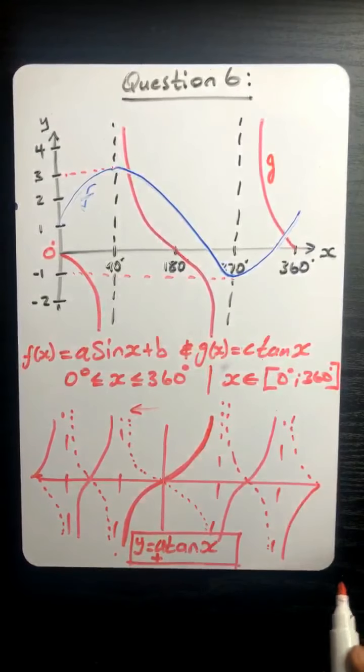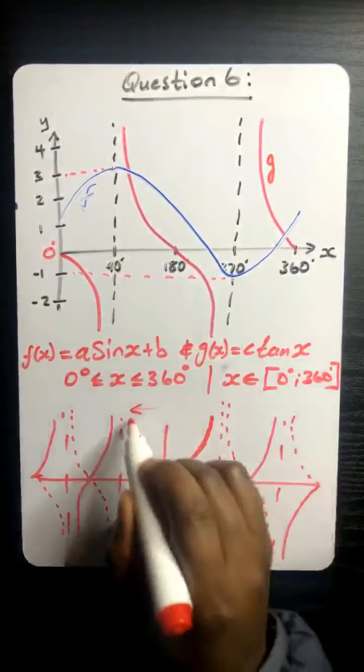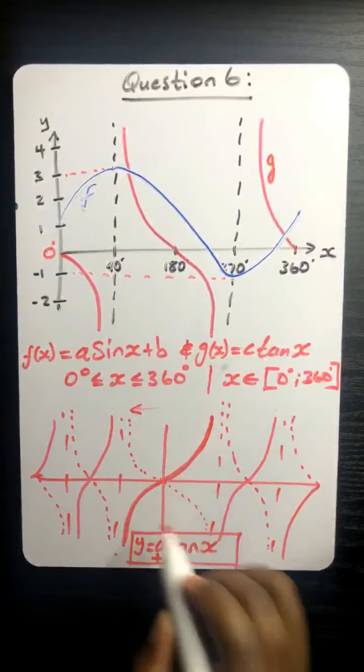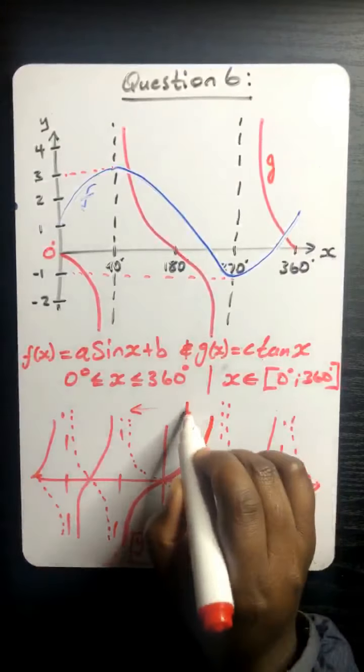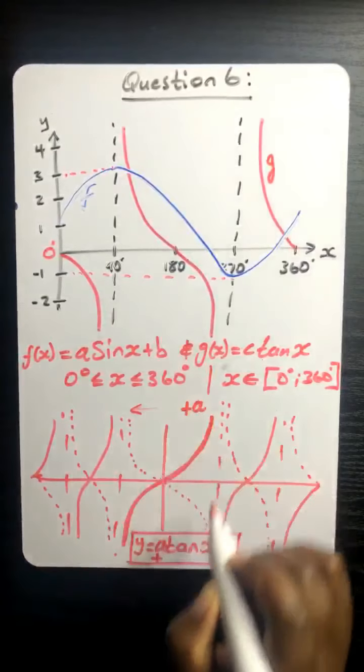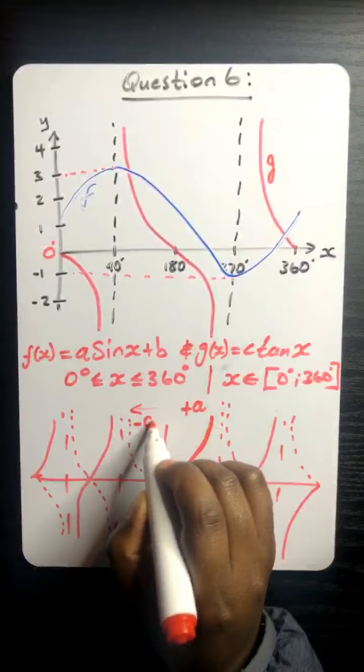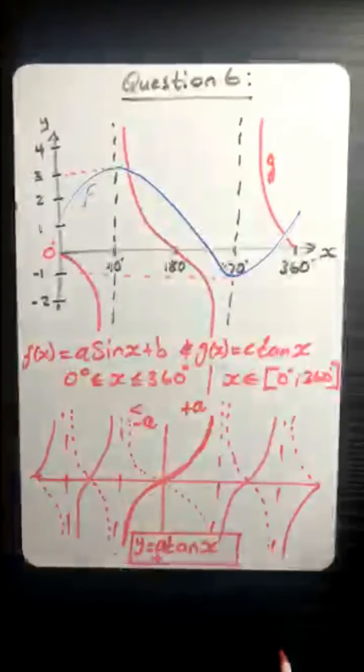So the difference between this one and that one is that this is for the one with a positive a value, and this is for the one with a negative a value. Just be careful of that, ladies and gentlemen.